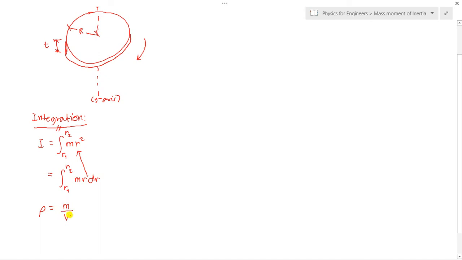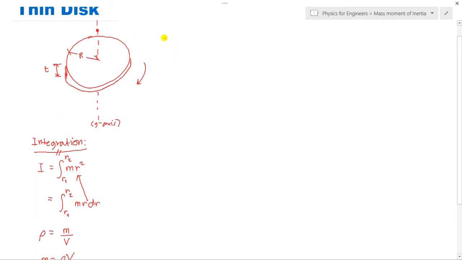So our mass is therefore density times volume.